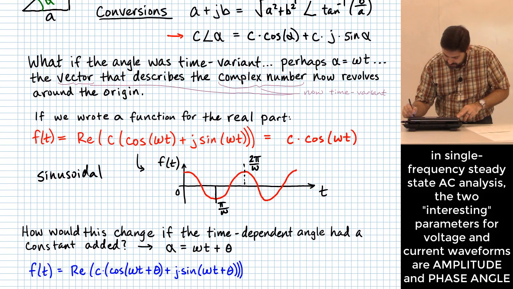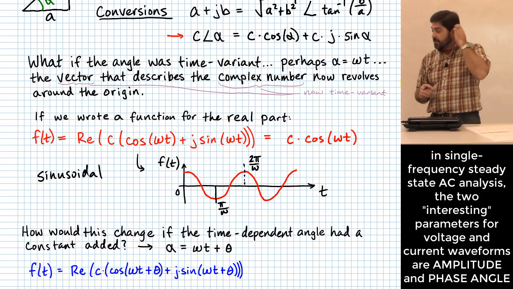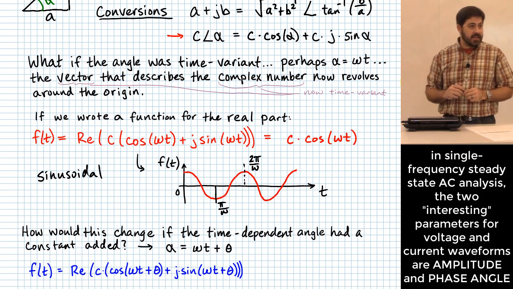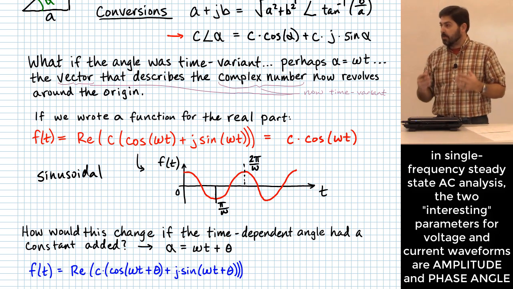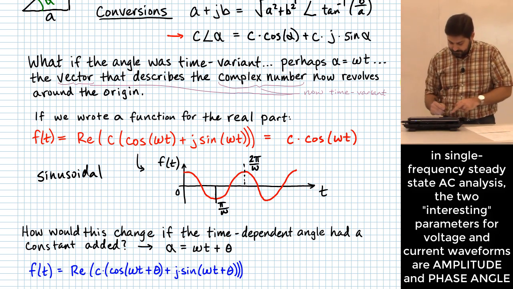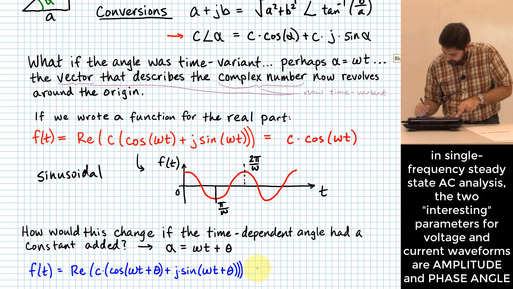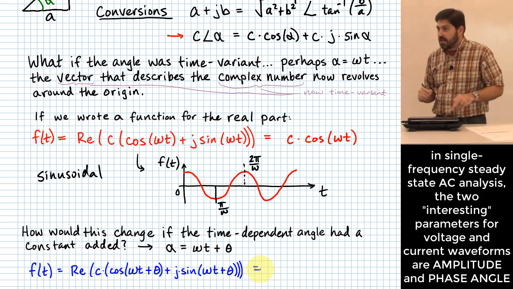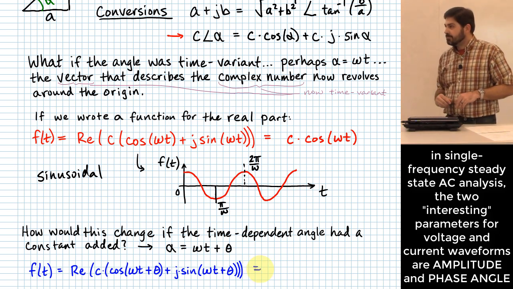Here's my next question. What would change if instead of plugging in just omega t, we plug in omega t plus some constant angle? I'll call it theta. Okay? What changes about this f of t? Does a lot change or just a little tiny bit? Okay?